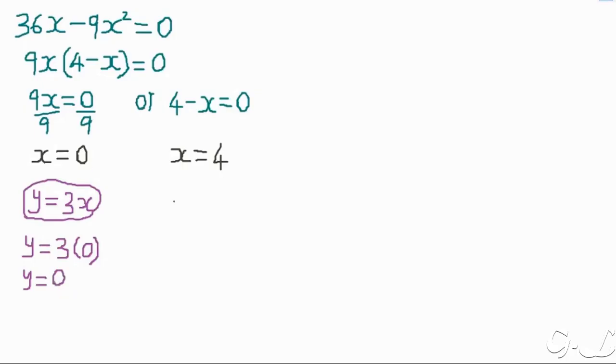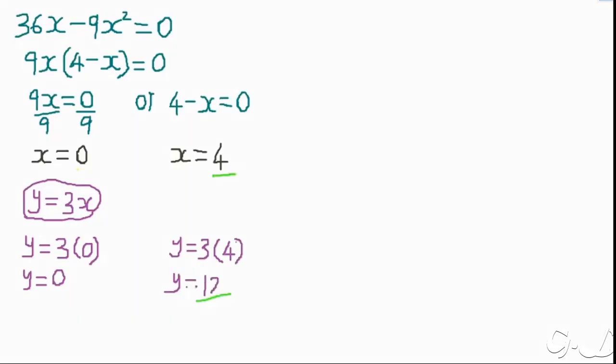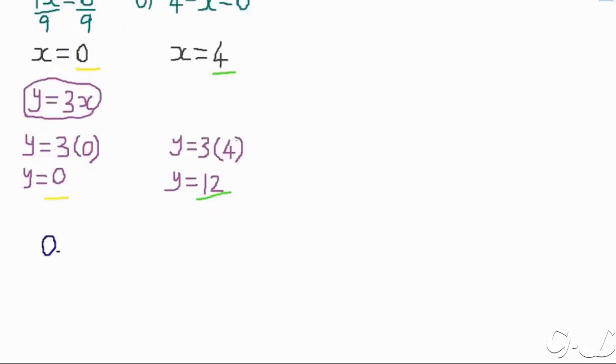That's how you get the value of y. And then at the second part you do the same. You replace it with 4, and then it will give you the value of 12. So we have two coordinates: 0, 0 and 4, 12.